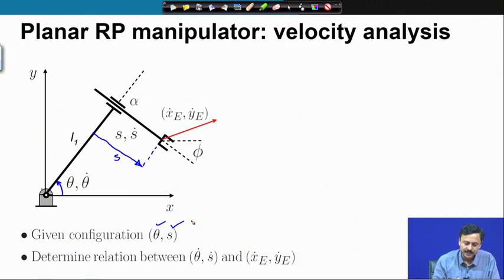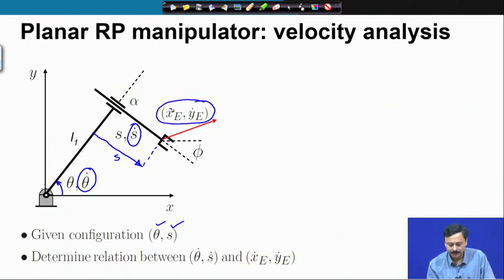Now, what we have to determine is the relation between theta dot and S dot on one hand and x e dot and y e dot on the other. We have to find this relation, which will give us the velocity relations from the actuators, which are the inputs, to the end effector, which is the output.